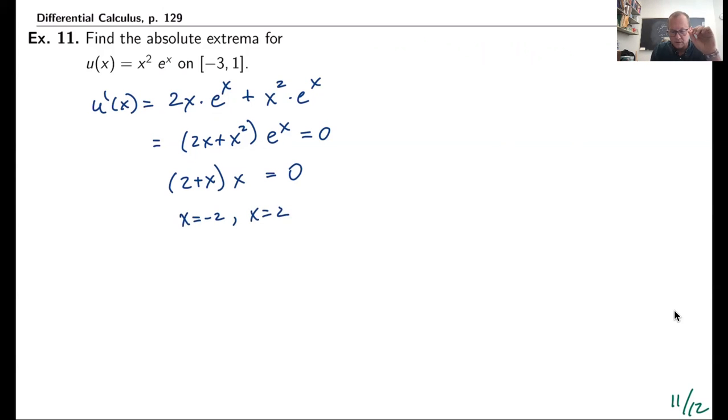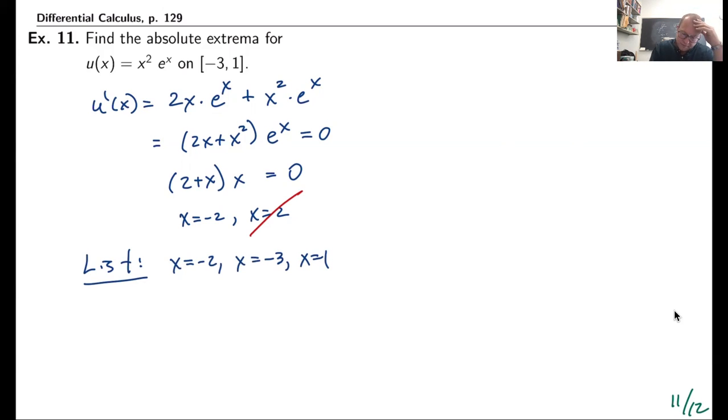Both of those, oh, I started to say both of those were in my interval, and yes they are. So my list is just going to be x equals -2, x equals -3, and x equals 1.